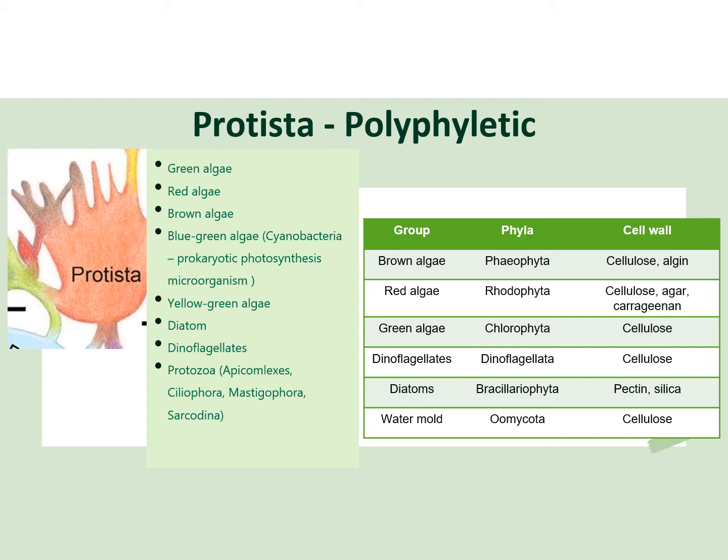Nonetheless, they are all put together in this group as Protista because there are some generalized characteristics that apply to all of them. For instance, the algae are the plant-like Protista, and the protozoa are the animal-like Protista.